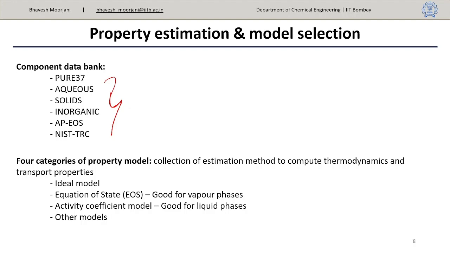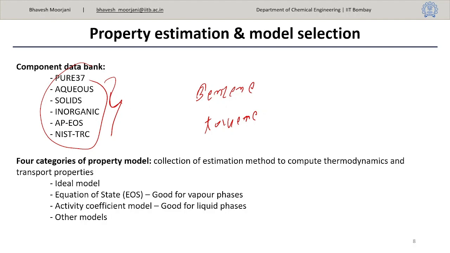Let's say you select some compounds, benzene and toluene. When I enter the names of benzene and toluene in the compound selection, it will search through all six data banks and give me the result. Similarly, if a compound is not present in these data banks, there are other data banks that we can load and search from there.